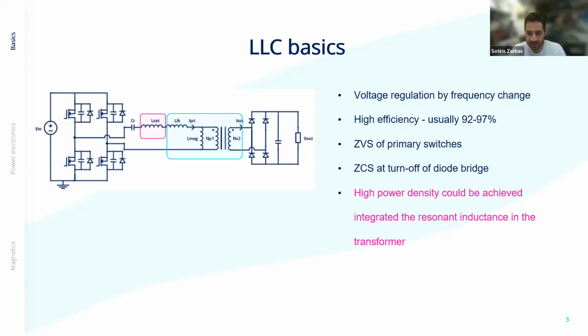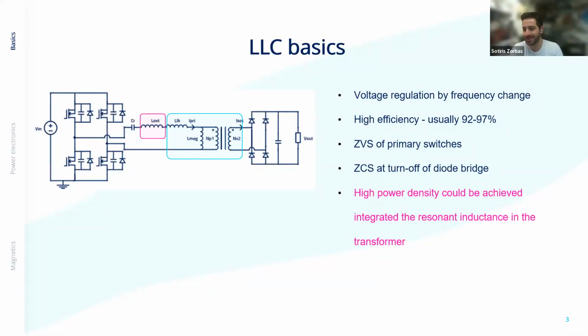The duty cycle is set at 50%. Efficiency is usually very high. 92% might be the lowest case, if you combine the LLC stage with a PFC stage together, the combined efficiency might be something around 92%.